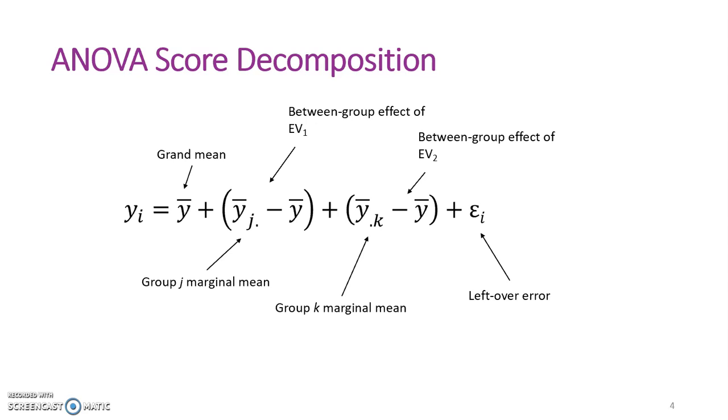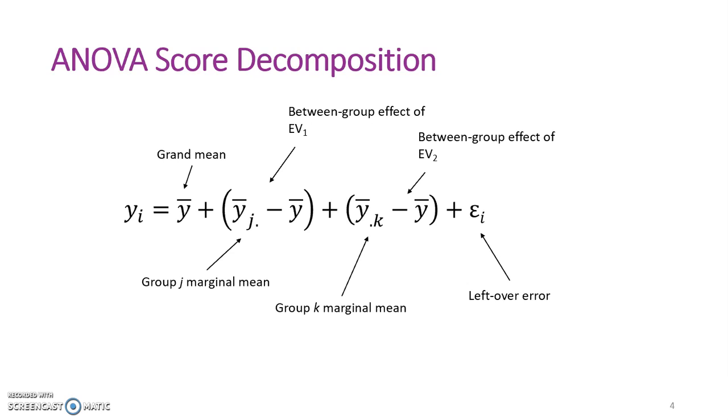The score decomposition is that any score is equal to the grand mean plus the between group effect of the first predictor, indicated by J, where J dot indicates the group marginal mean, the difference between the group marginal mean and the grand mean, plus the difference between the group K marginal mean, for the second predictor, and the grand mean.